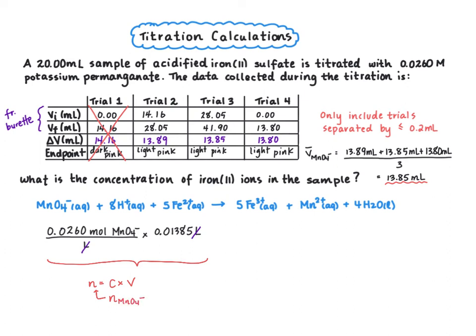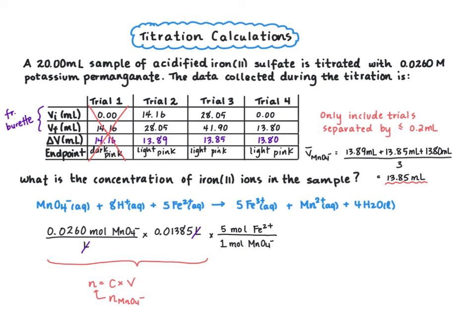So that brings me to the next step. I want to find moles of iron that are present in the flask. So we're assuming that they're stoichiometrically equal, meaning if I multiply by the mole ratio, so I'll put 1 mole of permanganate on the bottom of the ratio, and that 1 comes from the coefficient here. So I put 1 mole of permanganate there on the bottom and 5 moles of iron 2 plus on the top.